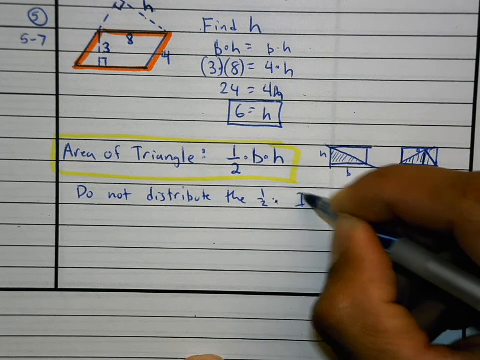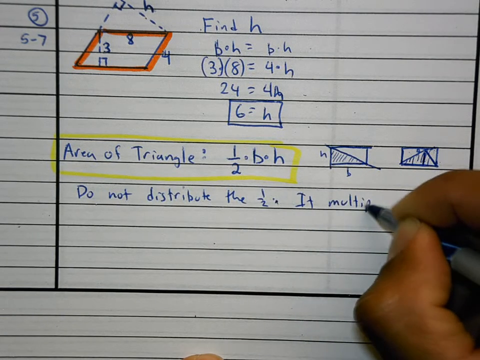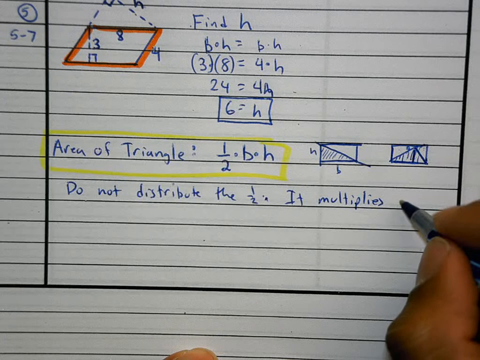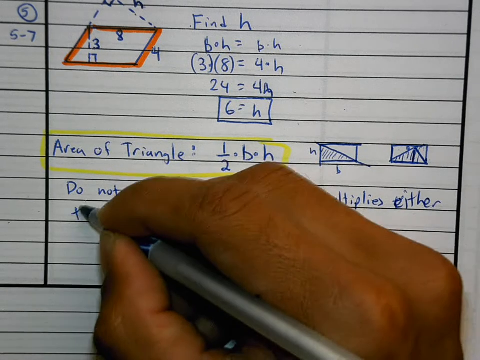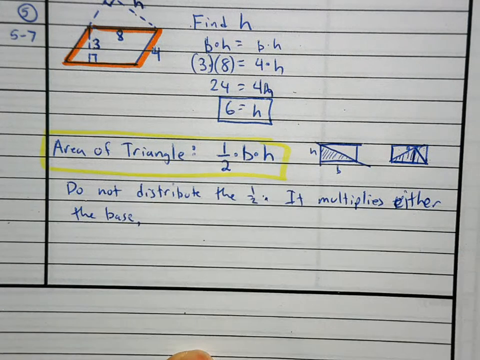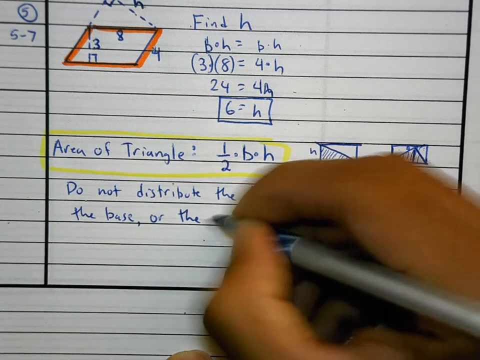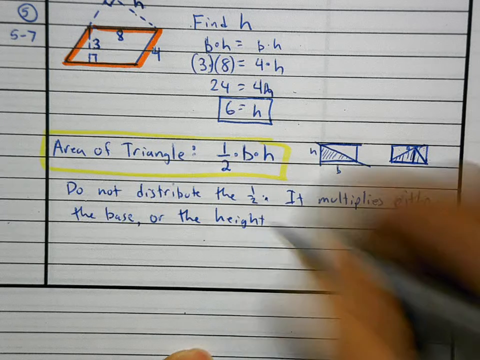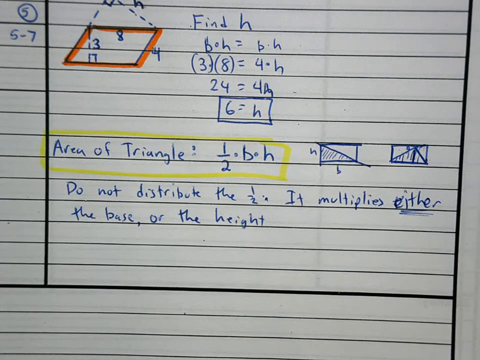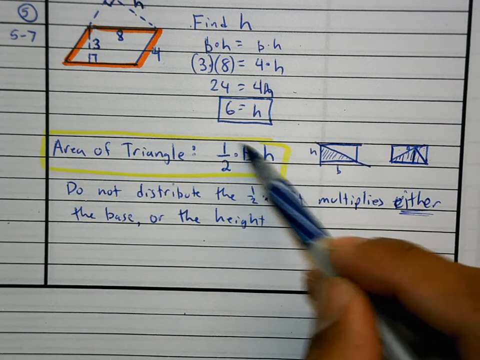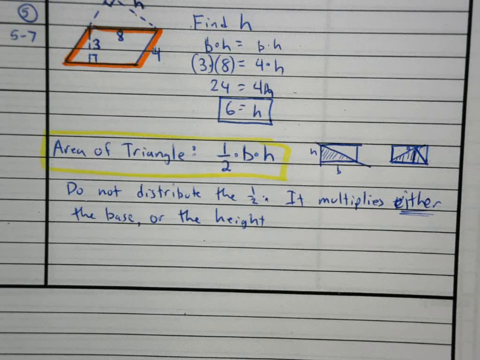It multiplies either the base or the height. A lot of students think that because there's this half, it has to go to both of these things, and it doesn't. There's no plus sign, there's no minus sign. This is not over addition or subtraction.